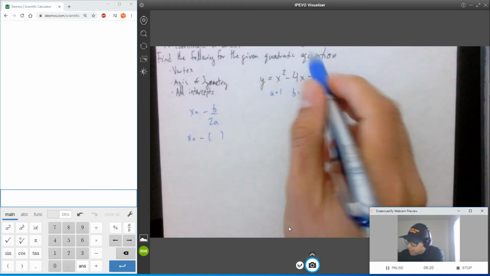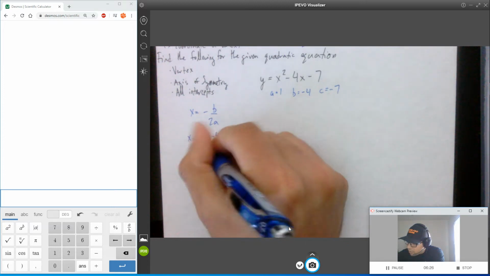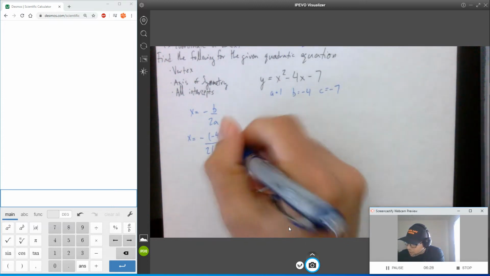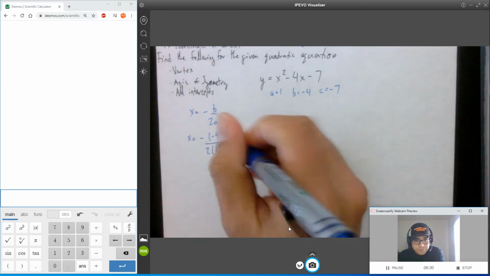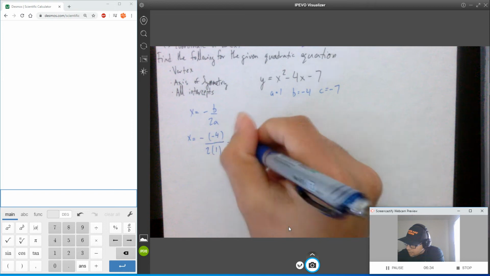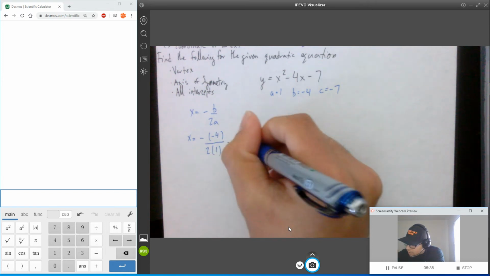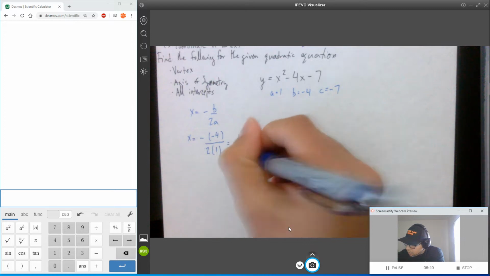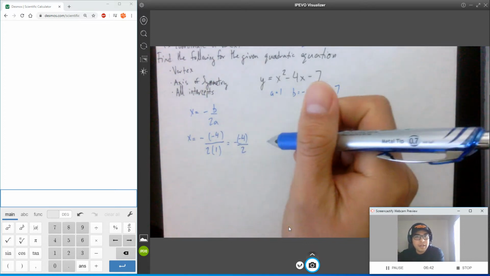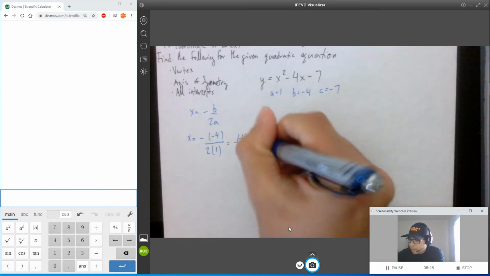So that's going to be a -4 all over 2 times a, which is 1. This is going to be equal to the opposite of -4 over 2, right? 2 times 1 is 2, and we will see that this ends up being +2.